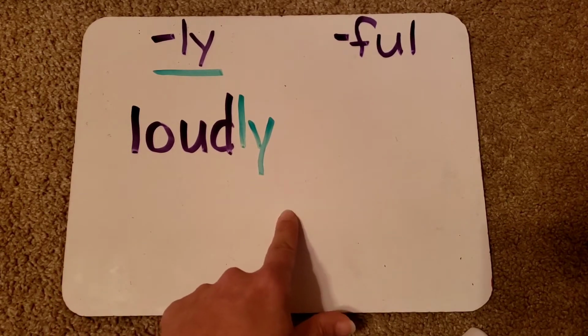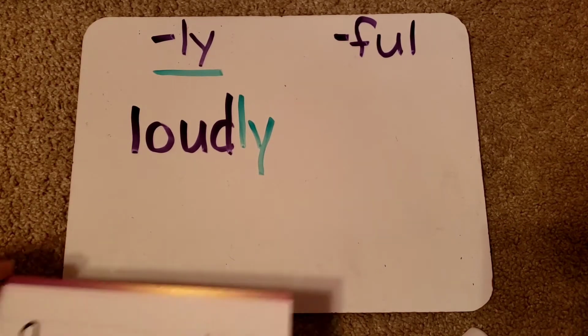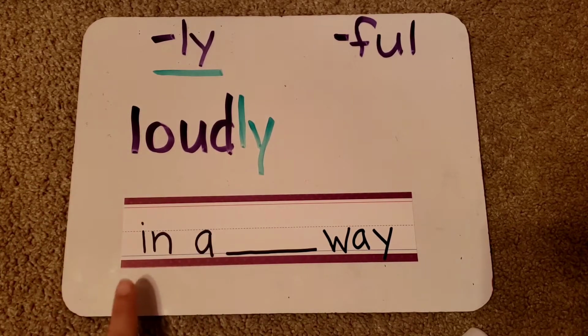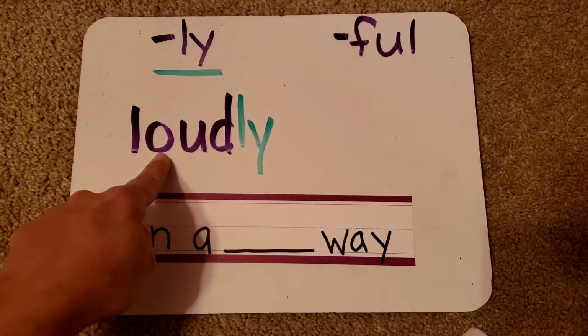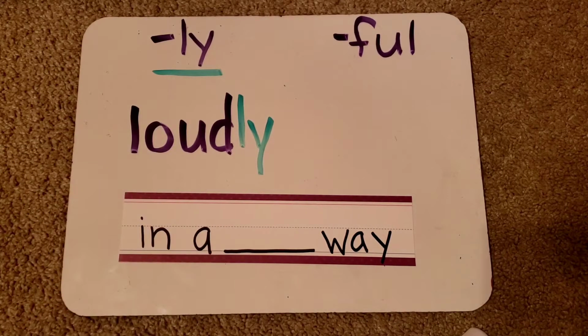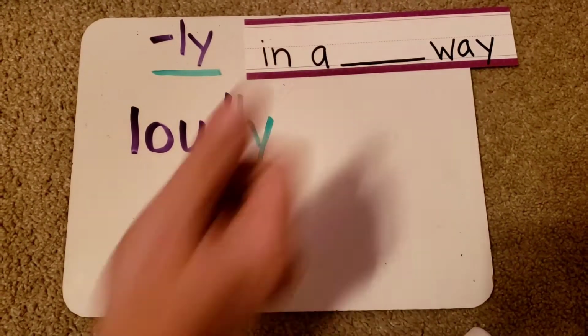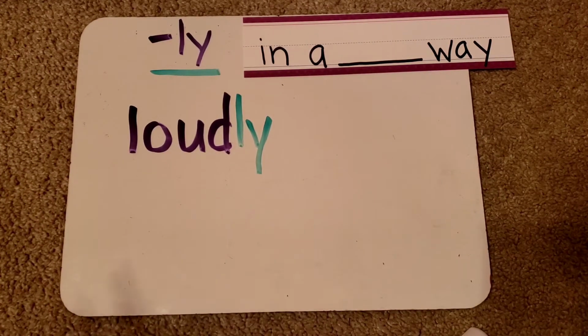So when you change a word and add the suffix ly, the suffix ly means in a blank way. So how are they doing something? In this case, they were doing it in a loud way. So it's talking about the way that somebody is doing something. Let's try another example, and I'm going to put this right up here to help us. In a blank way. That's our clue for ly.